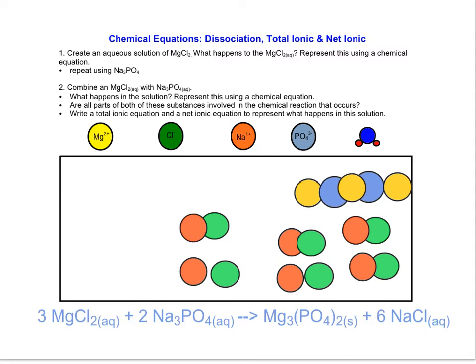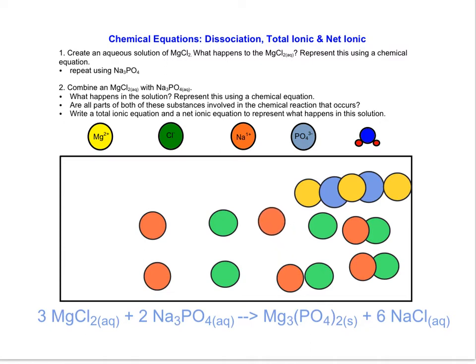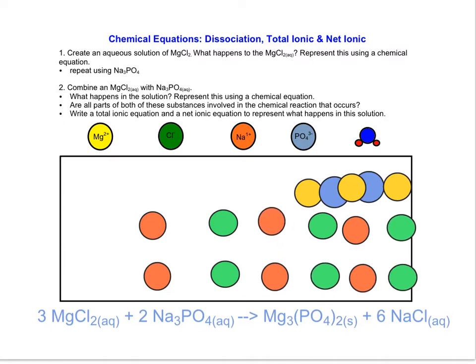And so really we should more accurately represent that by saying that we've got a sodium ion and a chloride ion, and a sodium ion and a chloride ion, so on and so forth, because they're not bonded together. They're all separate.